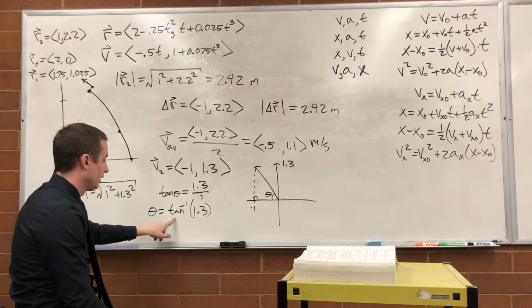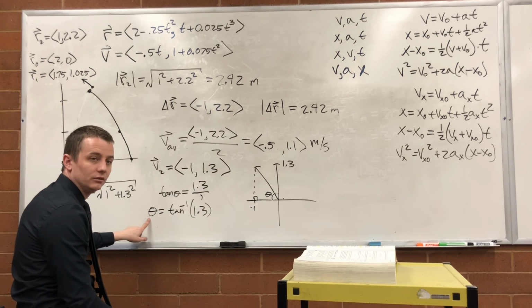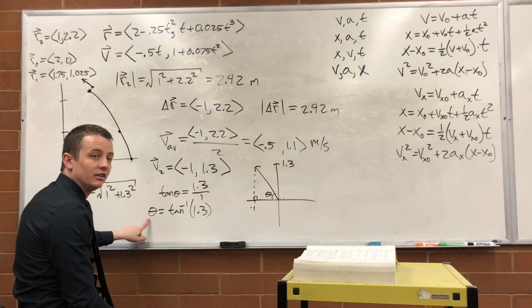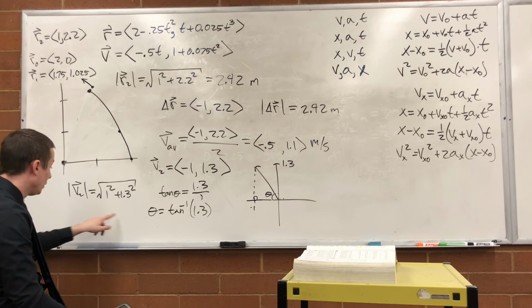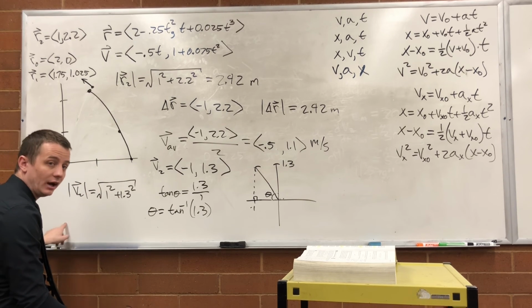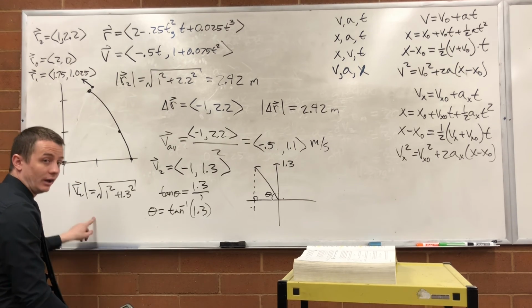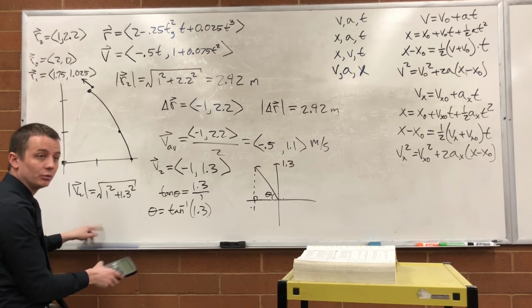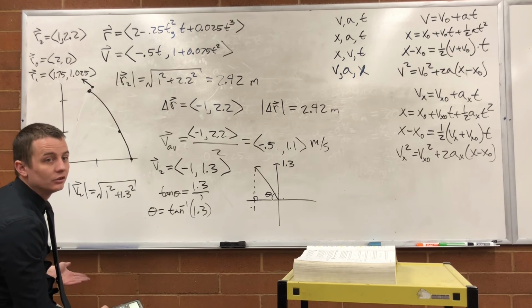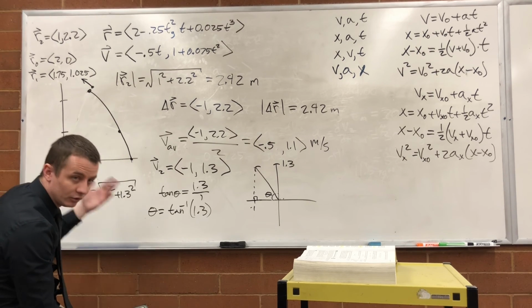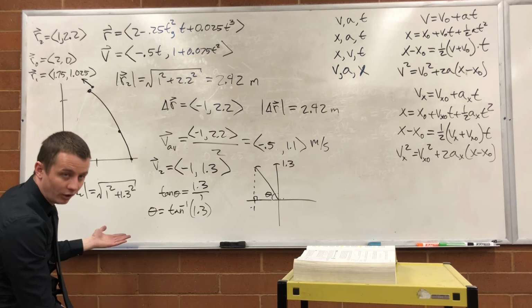Arc tangent takes a slope, spits out an angle. Sine takes an angle and spits out opposite over hypotenuse. Inverse sine, if you feed it opposite over hypotenuse, would spit out the angle. So you can find the angle using arc sine, arc cosine, or arc tangent.